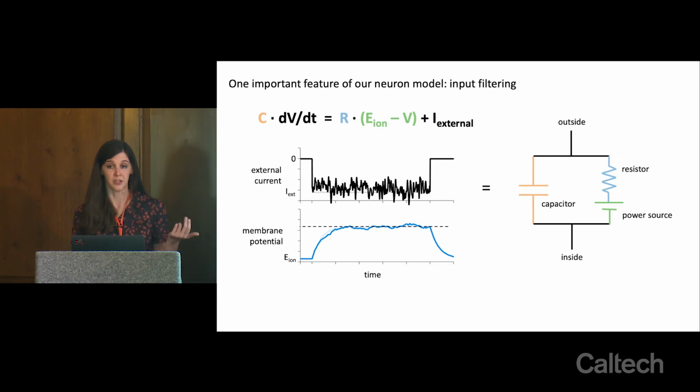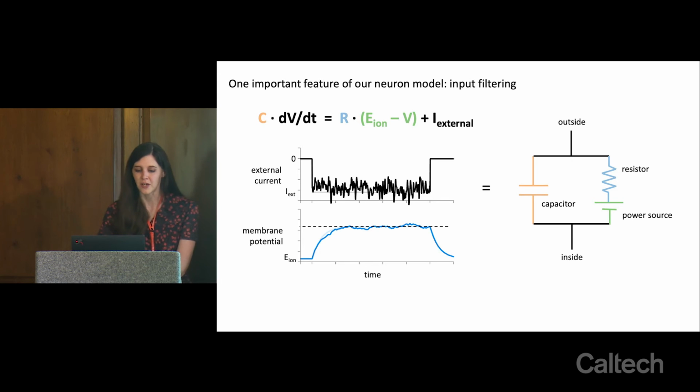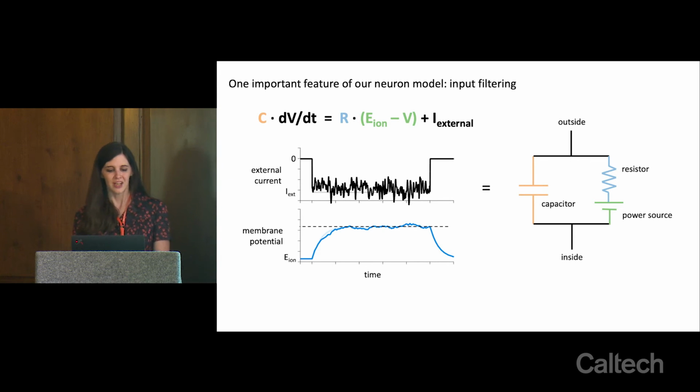This is what our neuron is doing on the previous slide. It's allowing through this step response to the current injection, but it's attenuating a lot of these little wiggles that are happening on top of that. And the degree of attenuation is determined by the membrane time constant, so this capacitance times resistance term.